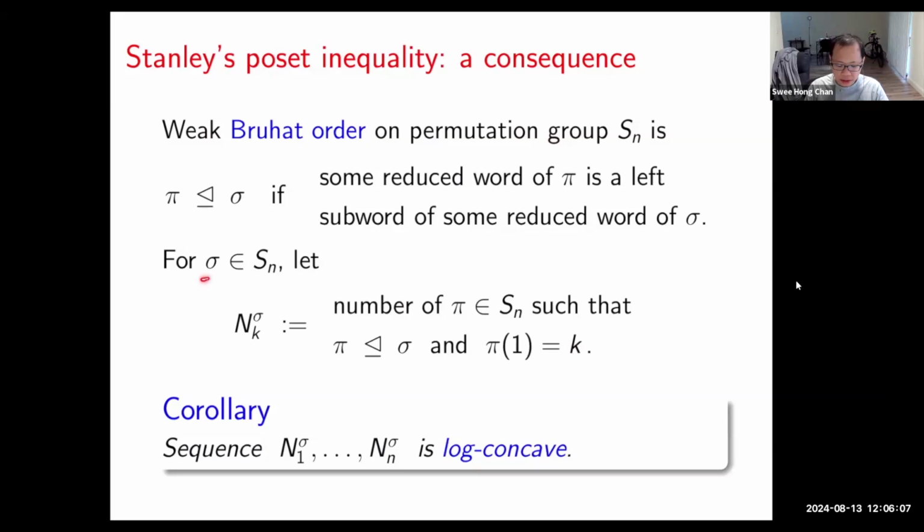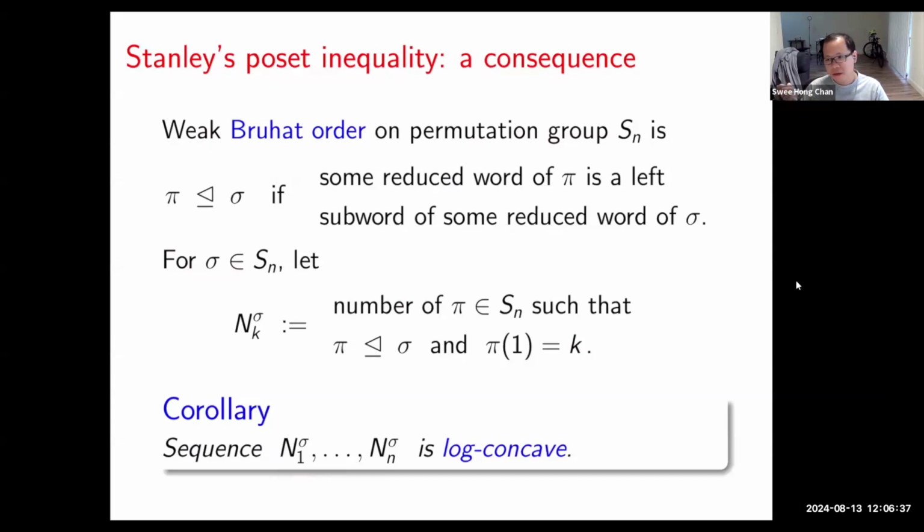For any fixed permutation sigma, N_k(sigma) is the number of permutations pi less than sigma such that pi(1) is equal to k. So the first element is mapped to k. In general, you can take 1 to be any i, and this result will still work. It follows directly from Stanley's poset inequality, because this actually defines a certain poset, that this sequence N_1(sigma) up to N_n(sigma) is a log concave sequence.